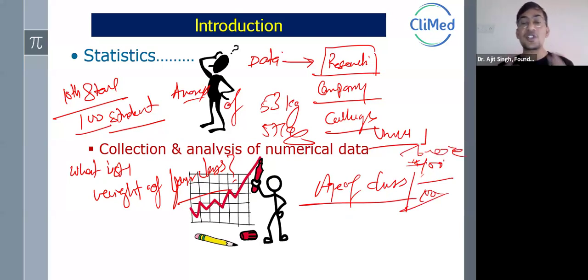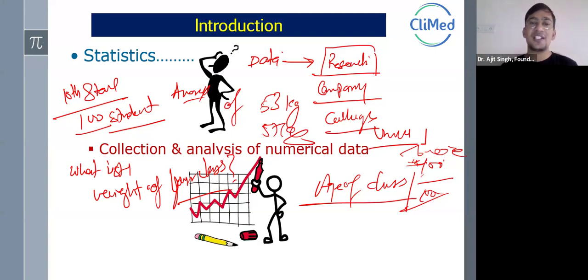So statistics is nothing but collecting the entire data and analyzing the numerical data, and getting an objective number. That number could be mean, mode, median, or maybe the p value, the range, the standard deviation, the standard error of mean.